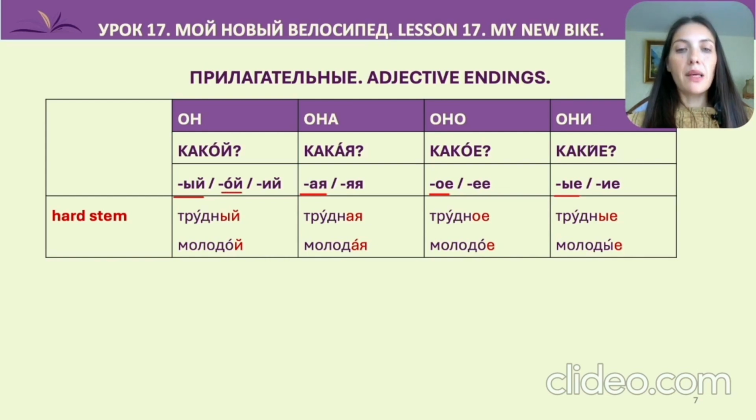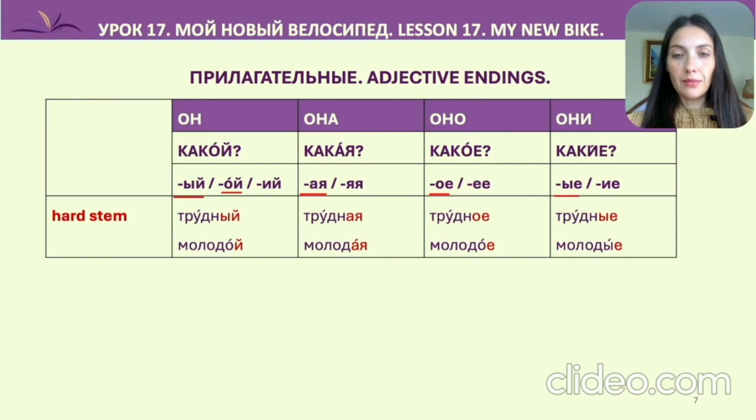Why is it ой? Because the ending is stressed. It's not an exception, it's another type of a hard stem. So ой can also be the ending, but it's always stressed. And then if you see that it's ой, you know the ending is stressed, then all the endings will be stressed. Also for the other forms. So молодой, молодая, молодое. Here ое is pronounced молодые.